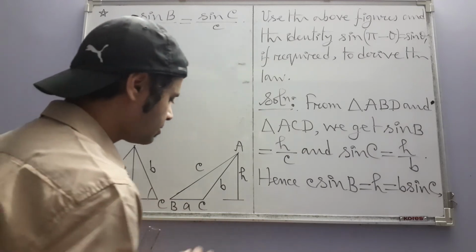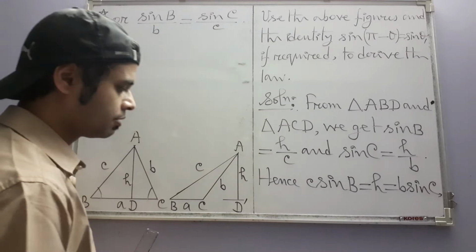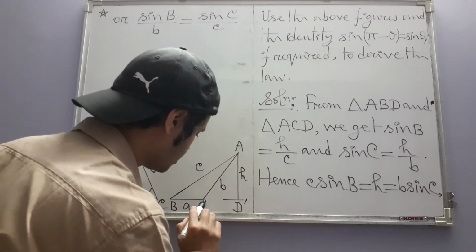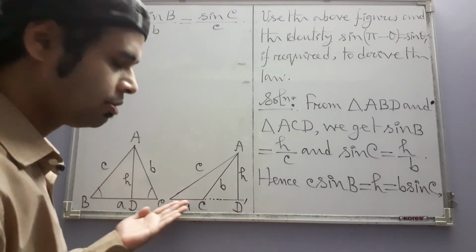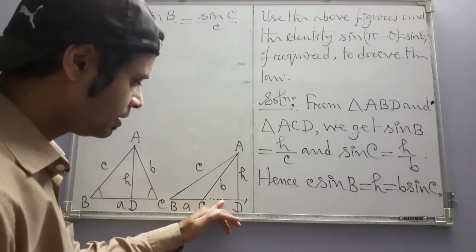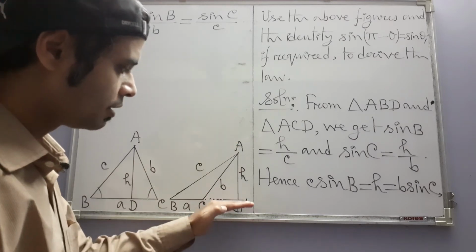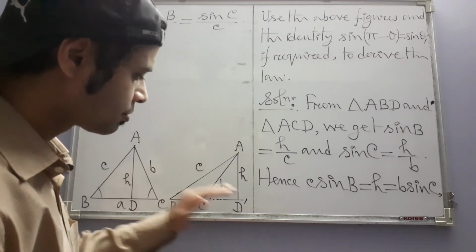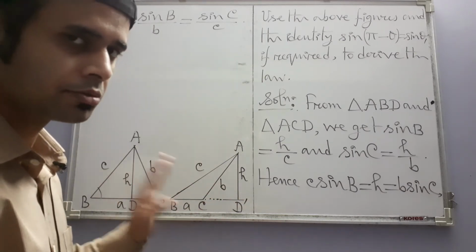So to distinguish this one from this, let me call the foot of this perpendicular D prime. And in fact, let us just imagine that we have this triangle actually. In the text, the authors have simply drawn one small line segment in order to show where the foot of the perpendicular is, or where the perpendicular from A stops. But we can of course extend that to complete the triangle, which we have done.